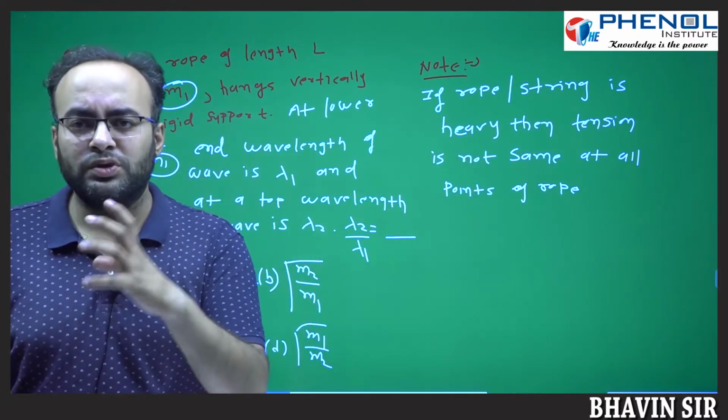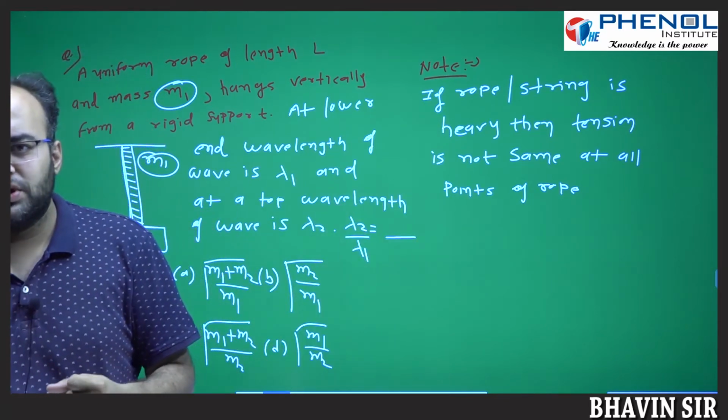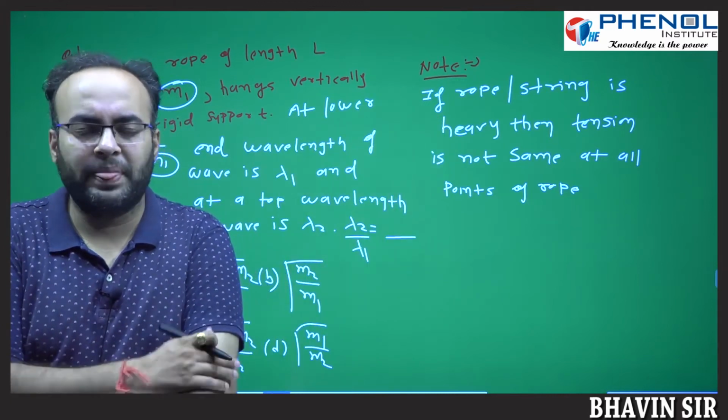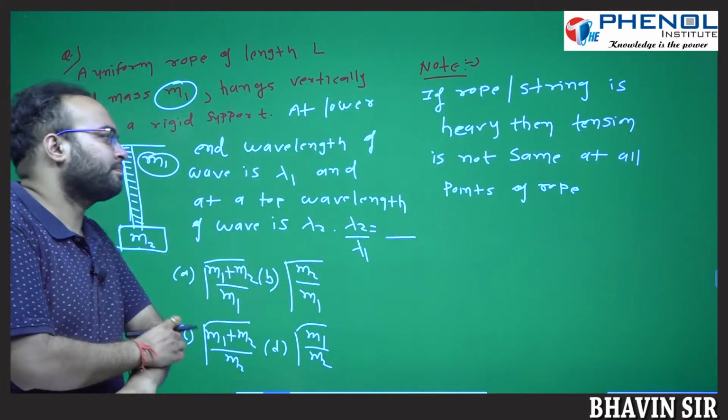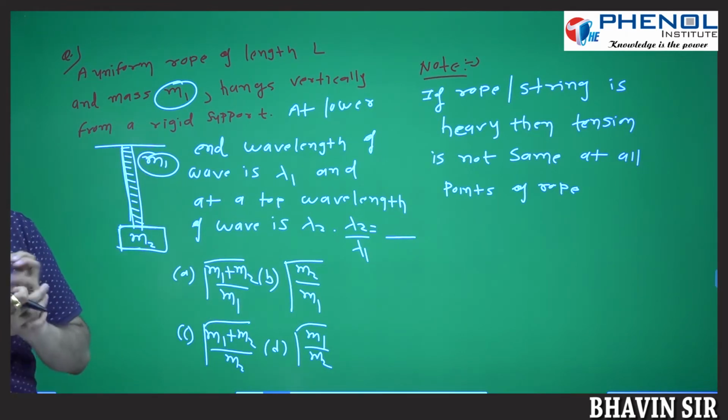Why? Because the rope is heavy, right? So here the rope has a finite mass, so the rope is heavy, so tension is not the same.